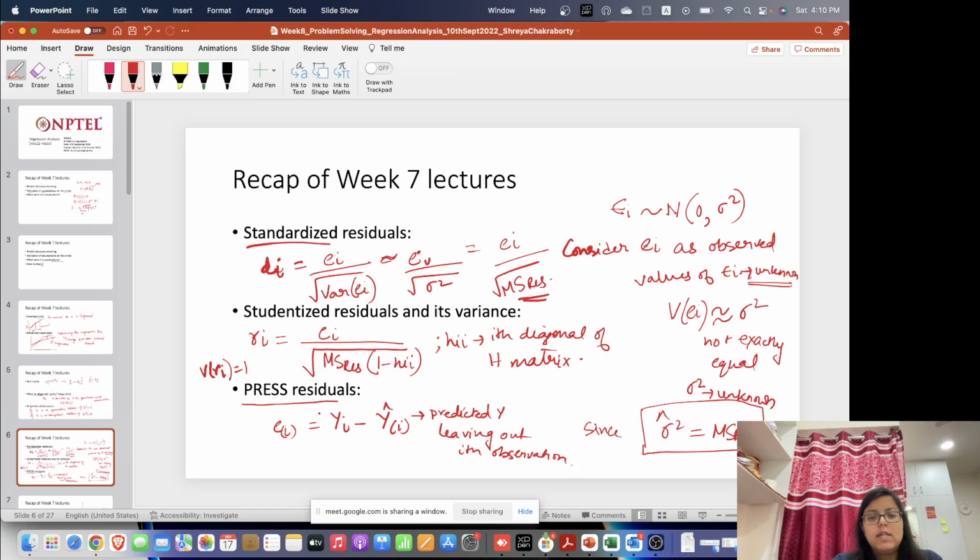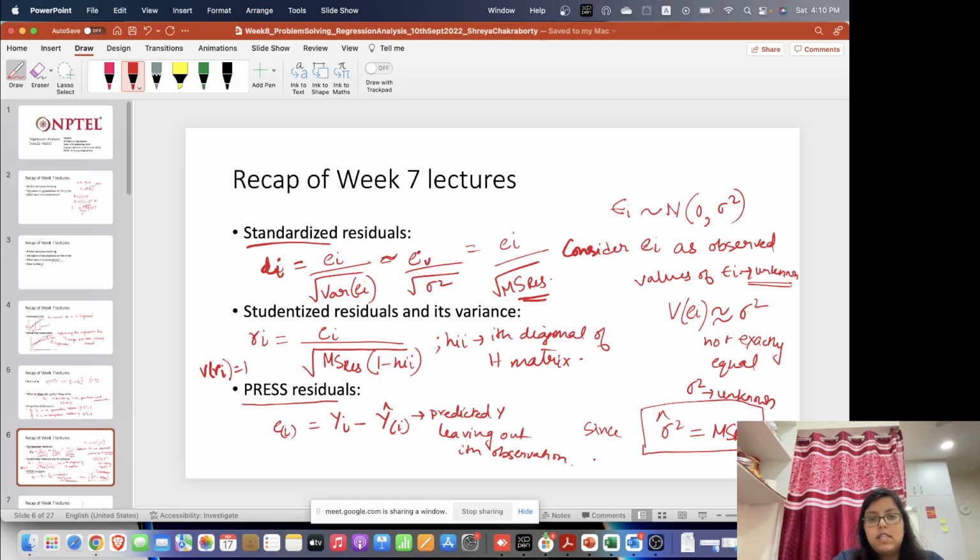We also learned about the PRESS residual, which is the difference between the observed response for the ith individual and the predicted response when we leave out the ith observation.